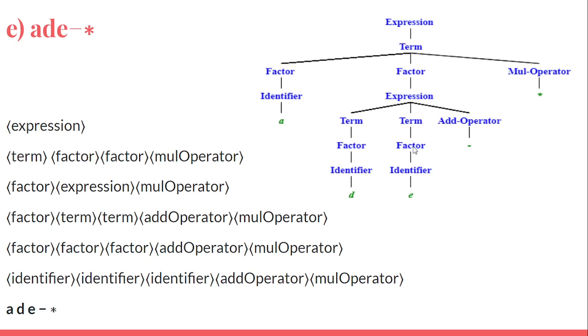Similarly, the e will also be obtained by changing the second term to factor, identifier, and then e. The add operator here will be replaced with a minus sign, and the last character we need is multiply, which will be given to us by this multiply operator, which will be replaced with a multiply. So we get the string A D E minus star, and this is also a valid string.